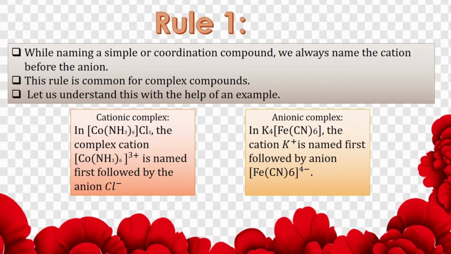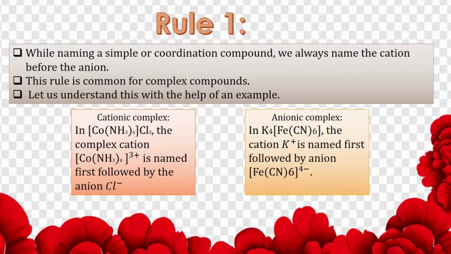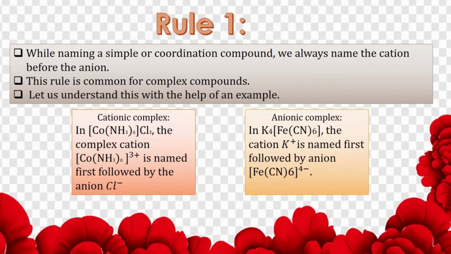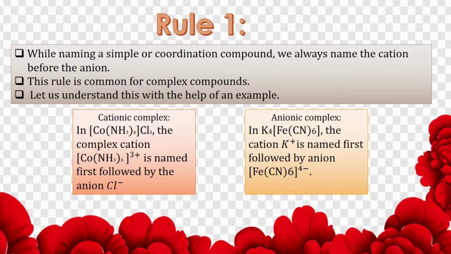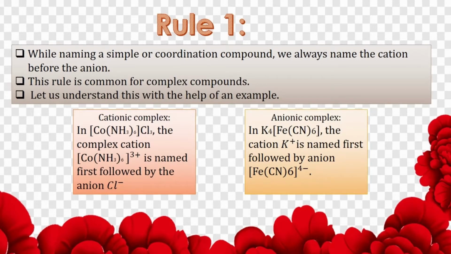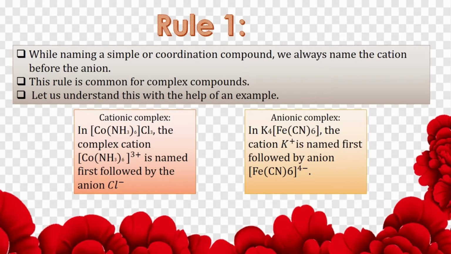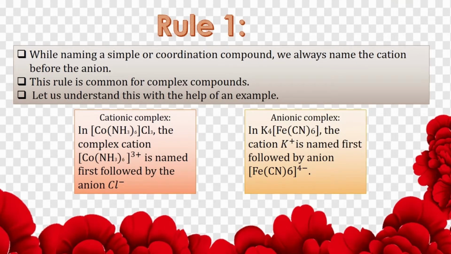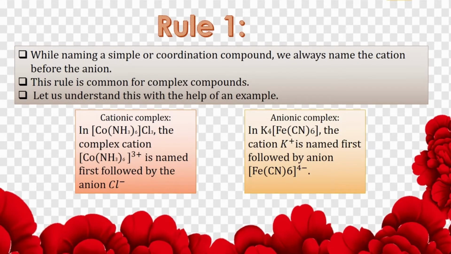If you take the second example, K4[Fe(CN)6], the counter ion is a positively charged ion. Therefore, the complex will carry a negative charge. So, while naming this compound, the counter ion, which is a cation, should be named first, followed by the complex anion.